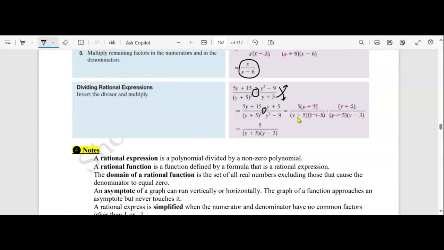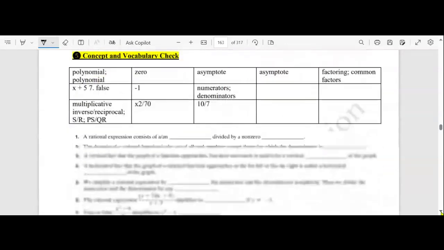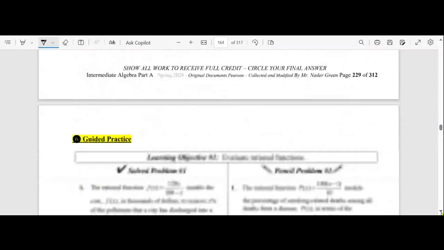And then you factor y squared minus 9 to become y plus 3, y minus 3. 5y plus 15, take 5 as a common factor, and what's left? y plus 3. y plus 5 all squared, that means you have the same parentheses but twice. And then you cancel and you get your final answer. I showed you simply the summary. Now let's go for step-by-step solutions.